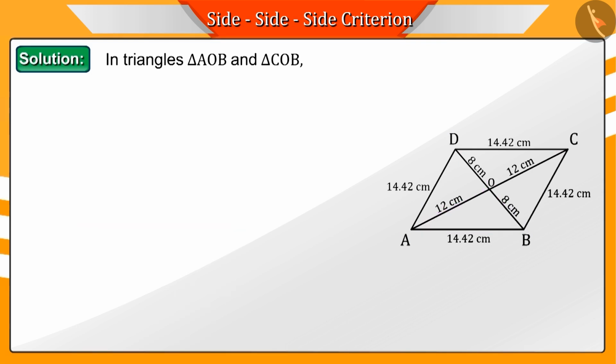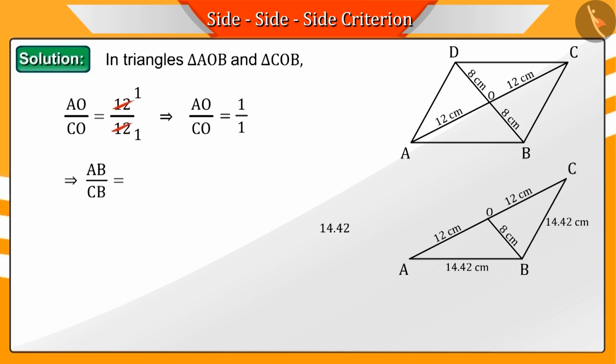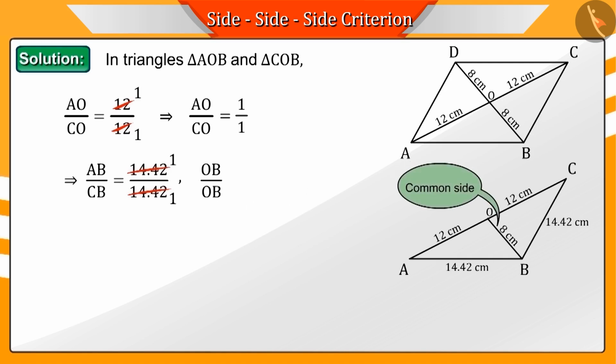Now, let's discuss the triangles AOB and COB. From these 2 triangles, we see that the ratio of corresponding sides AO by CO, AB by CB, and OB, which is the common side, are equal.